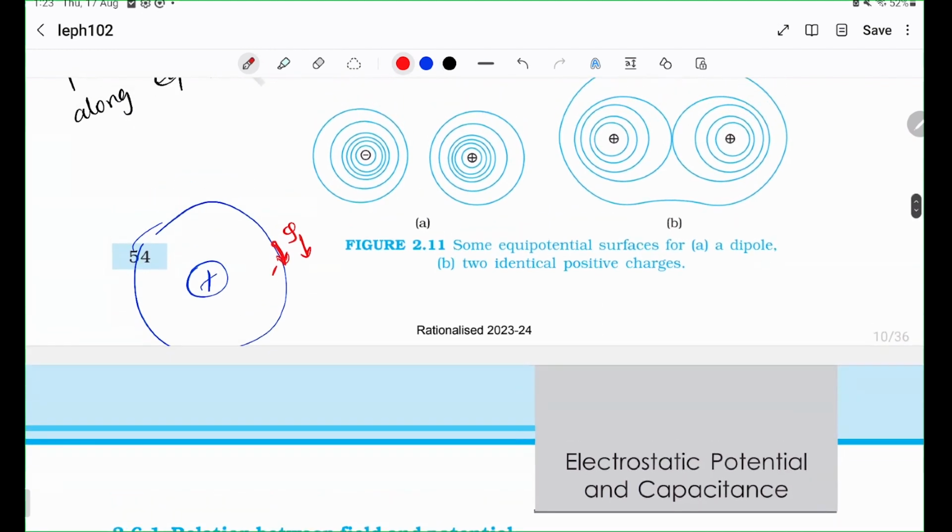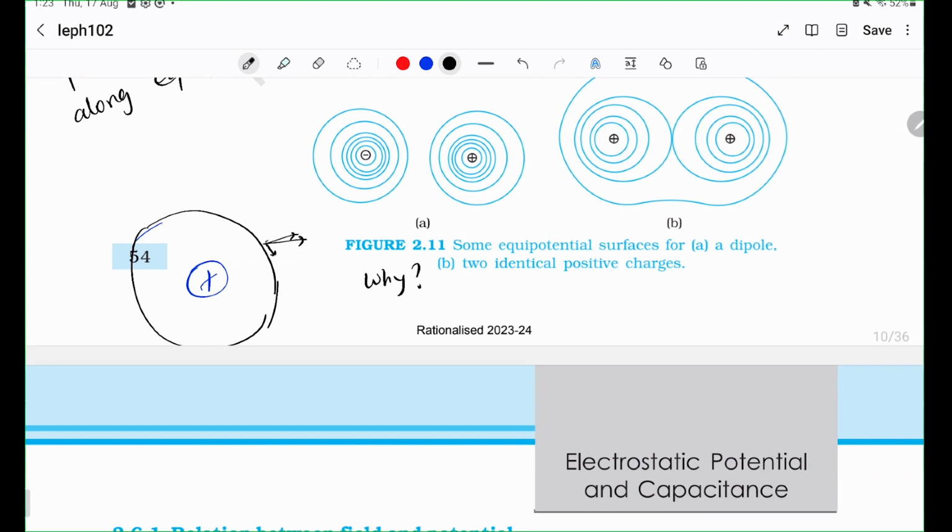But you know that these two points have the same potential. That is clearly not allowed, because if it has the same potential, it's not going to want to move there. Therefore, the electric field can have no component which is tangential to the equipotential. So when you have an equipotential like that, the electric field cannot have any tangential component.